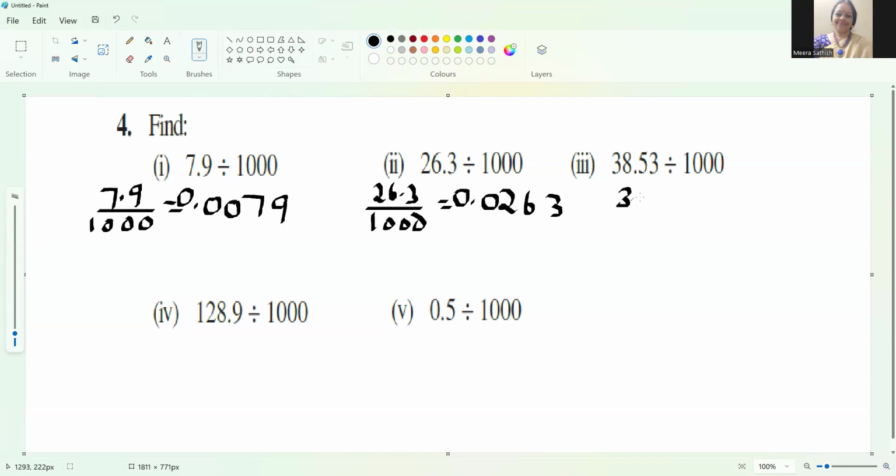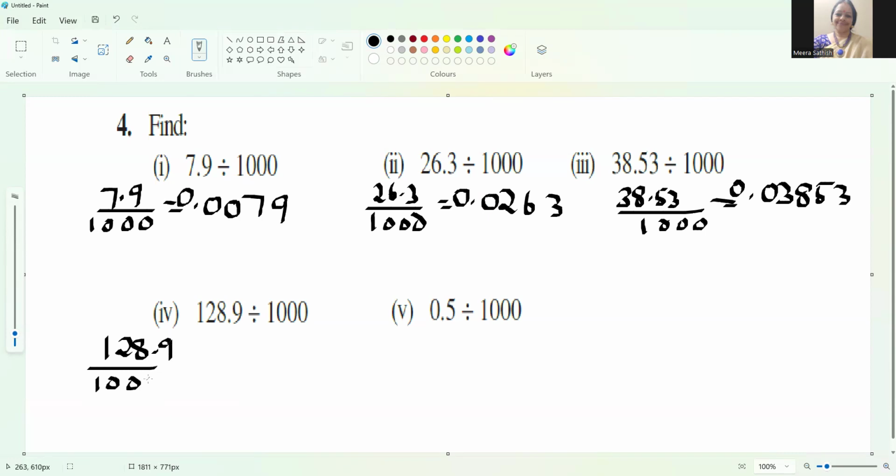Now 38.53 by 1000. So 3 and 2 decimal places in the numerator. Total 3 plus 2, 5 decimal places to come. But we have only 4 digits now. So 1 zero you put here. Now 128.9 by 1000. So total 3 plus 1, 4 decimal places.